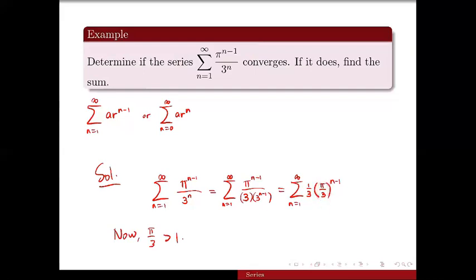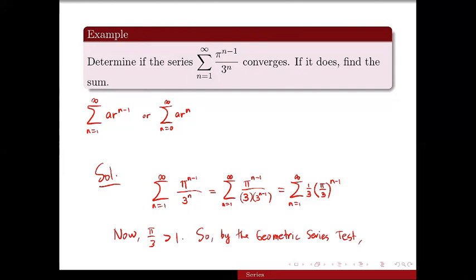So, by the geometric series test, it's a test that we use in order to determine whether the geometric series is convergent or divergent.